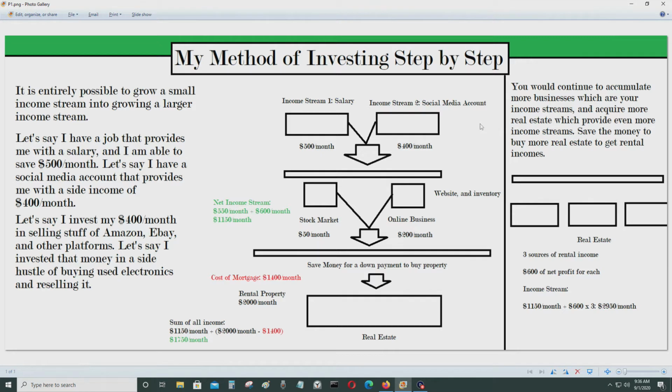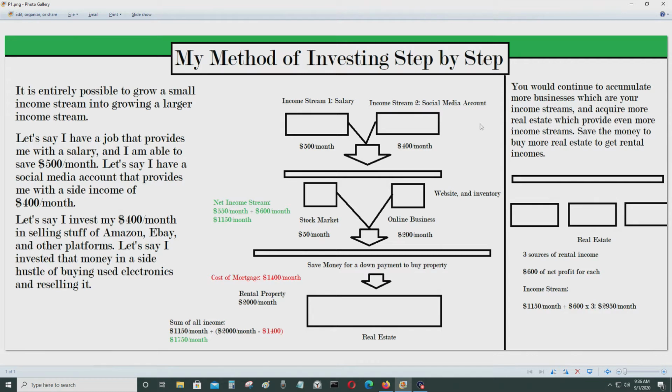But if I can't, then I would use the money that I get from my salary and my social networking account to hire someone who can make a website for me, right, to sell my stuff or promote my stuff. And like I said, let's say I'm able to make $200 a month. So that's an income stream I just created, right?